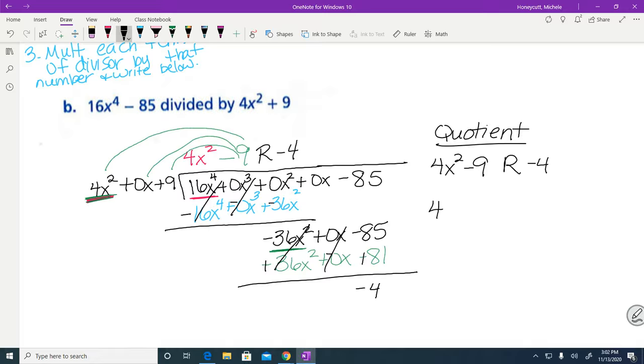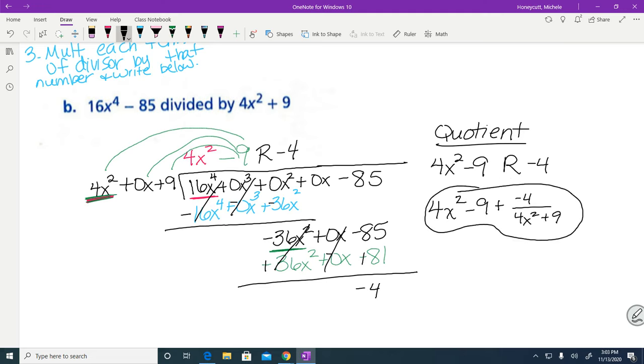Or I could say this is the same as 4x squared, not 4x to the fourth, 4x squared, come on now, minus 9 plus the negative 4 over your divisor, 4x squared plus 0x plus 9. And I'm not going to write the plus 0 because I don't have to. All right. Have fun with this one.